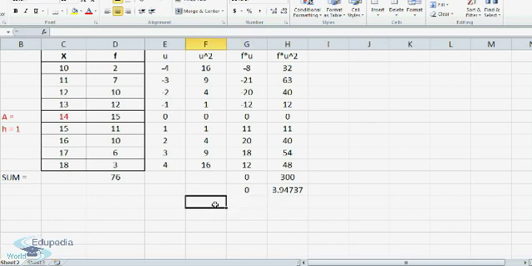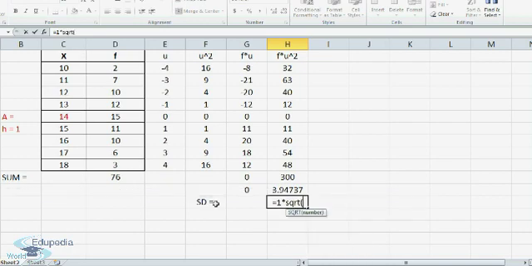So directly now we are ready to find the standard deviation. The standard deviation will be h multiplied by, so h again is 1, so that's not going to make a difference, but still let's do it in process. H multiplied by square root of the difference between the mean of square minus square of mean. I've not squared it because 0 raised to power 2 is the same, but anyways let's do it in process.